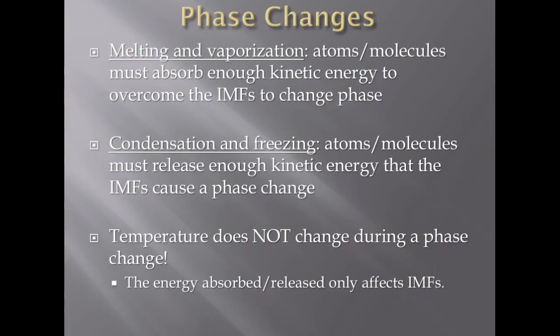During a phase change, the temperature does not change because that heat energy is being used to affect the intermolecular forces, not increase the overall kinetic energy as temperature of the substance. So there is an increase or decrease in kinetic energy, but it's not reflected in the temperature because it's going towards the intermolecular forces.